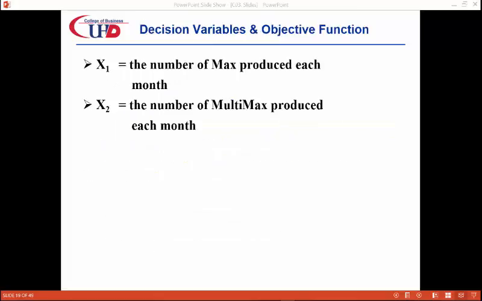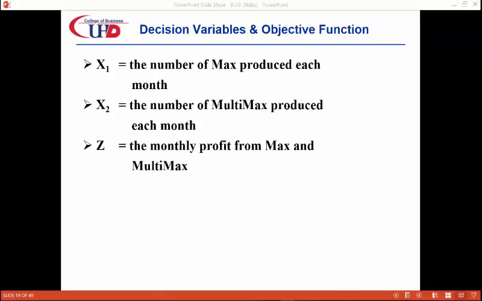In our computer production example, clearly we need only 2 decision variables, x1 for the number of Max produced each month and x2 for the number of Multi-Max produced each month. For reference convenience, let's use capital Z to denote the monthly profit from producing Max and Multi-Max.